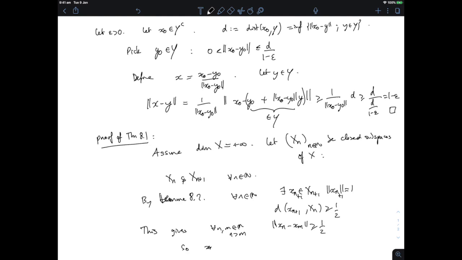So xn does not have a converging subsequence. Therefore, the unit ball could not be compact if the dimension of the space were infinite.